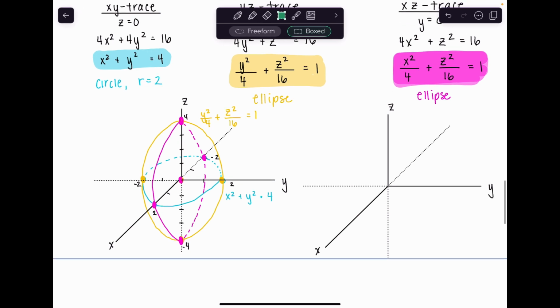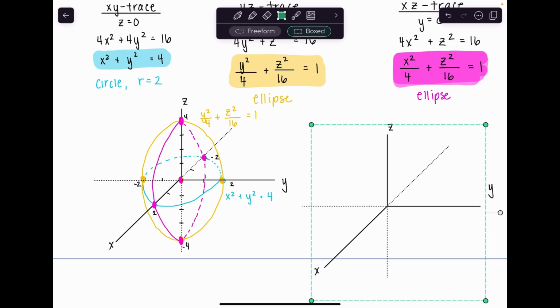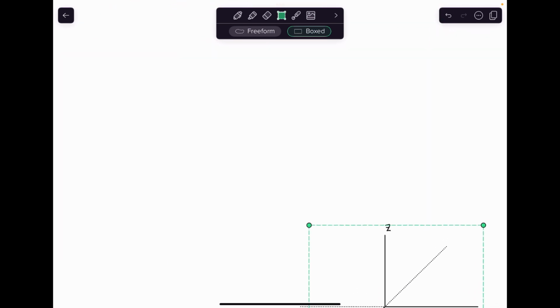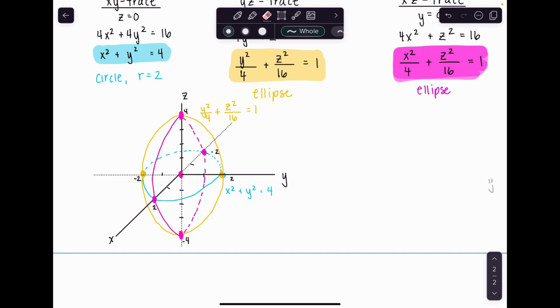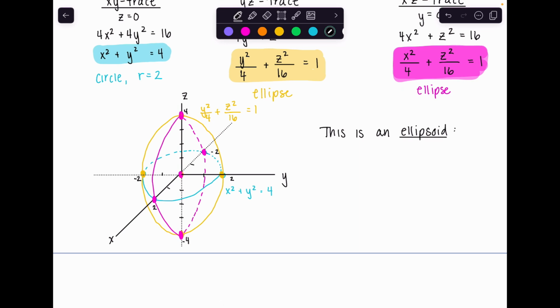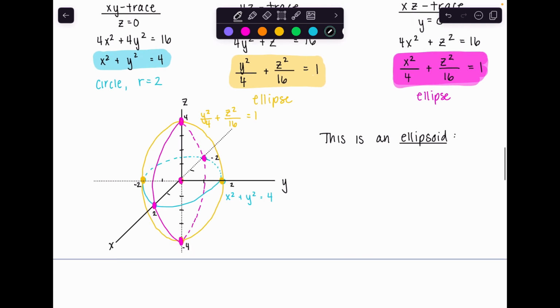Now I'm going to get rid of this and move it to my next spot because we're going to need it down there. And then I'll come back up. So this is called an ellipsoid. So the equation of this is just a rearrangement of what you see up here.